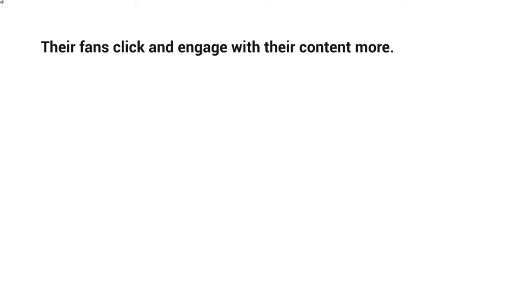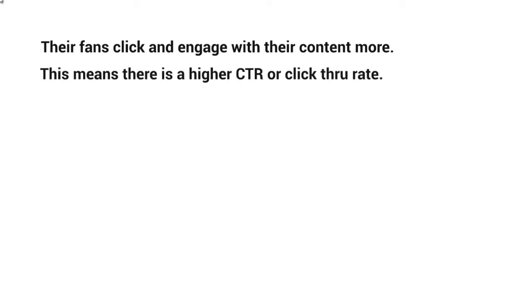And engagement is essentially the currency of YouTube. So whether somebody gets a bad comment or a good comment, a comment is a comment. A comment essentially, if you think about it, is worth about $1. Now, we're just saying that because engagement is like currency. This means there is a higher CTR, or in other words, click-through rate. So if you have fans that really love a specific brand, they're most likely going to come back over and over again, right?